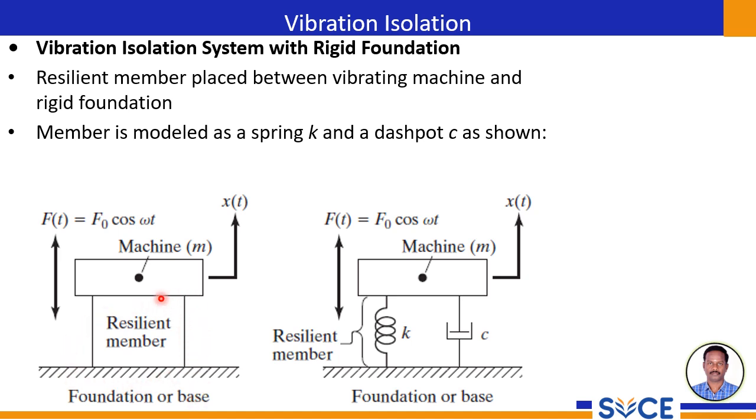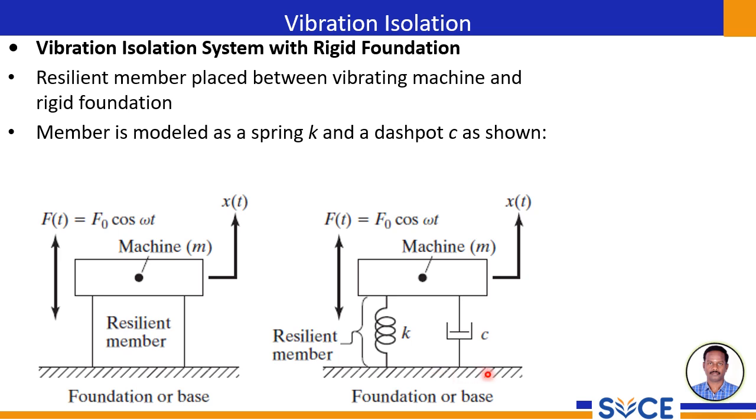We are introducing a flexible element, a resilient member, between the vibrating machine and the rigid foundation. This element will absorb and dampen the vibrations. Next, the resilient member is modeled as a spring K and a dashpot C, as shown in the second figure.